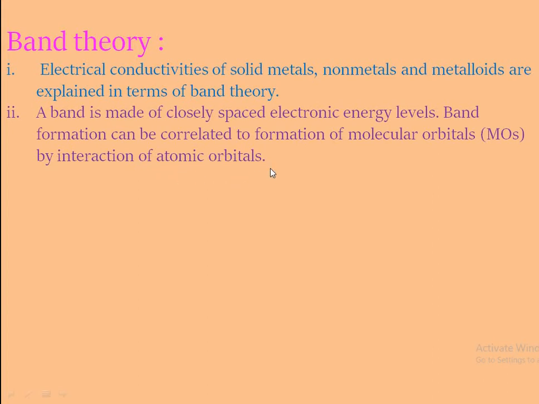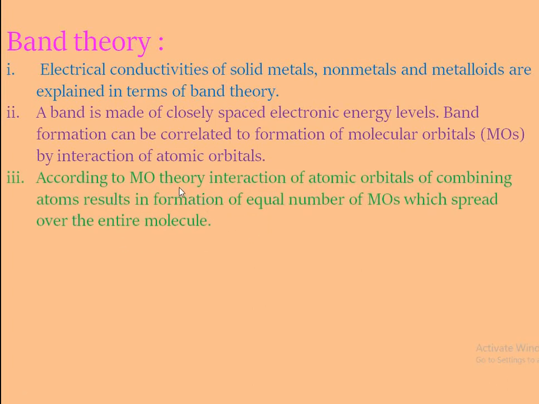Atomic orbitals combine together to form molecular orbitals, and these molecular orbitals form separate bands. According to the molecular orbital theory, the interaction of the atomic orbitals of combining atoms results in the formation of an equal number of molecular orbitals which spread over the entire molecule.